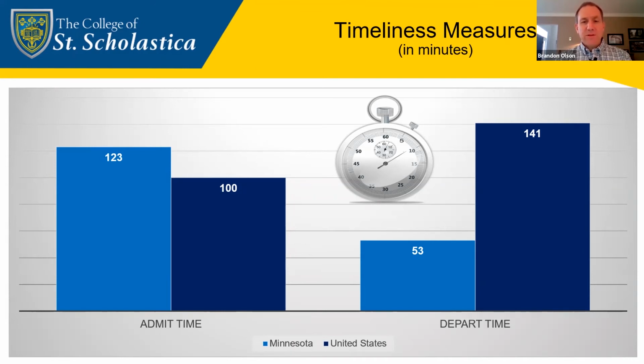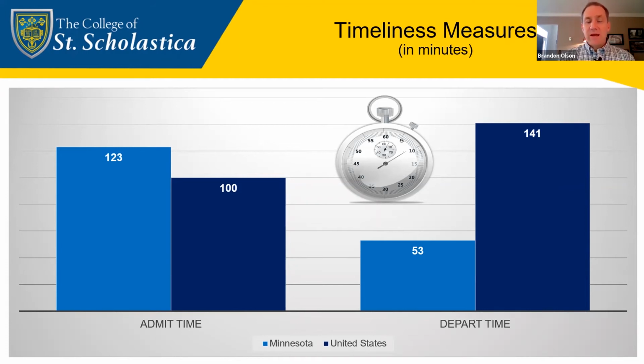Now the depart time, there's a big significant difference between the two times here. The depart time represents the time that they spend in the emergency department when they are not going to be admitted. So across the state of Minnesota, the average time is about 53 minutes versus 141 minutes across the United States as an average time.